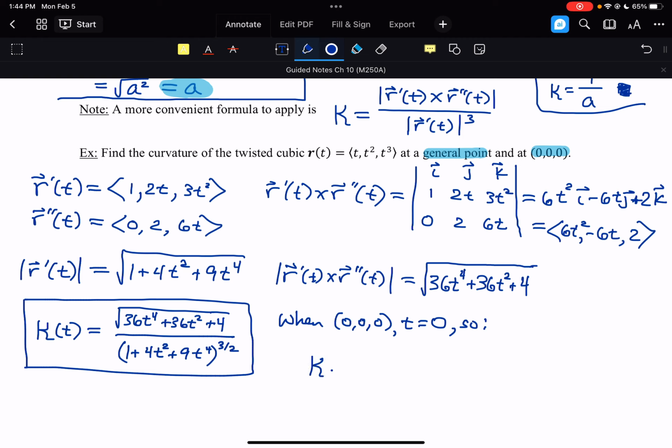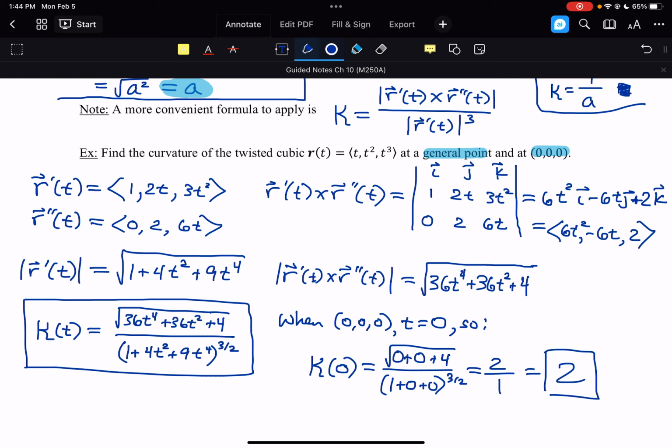So we get curvature at 0. That's going to be square root of 0 plus 0 plus 4 over 1 plus 0 plus 0 to the 3 halves. Radical 4 is 2. Radical 1 is 1. 1 cubed is 1. So we just get 2.